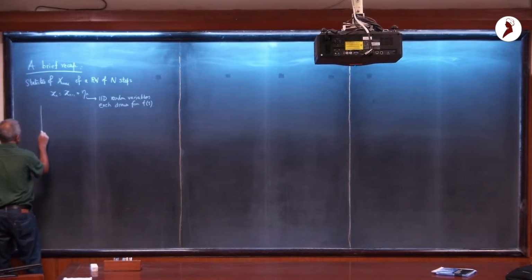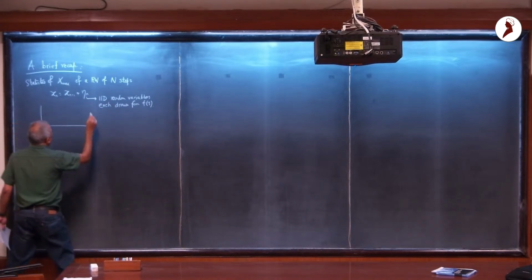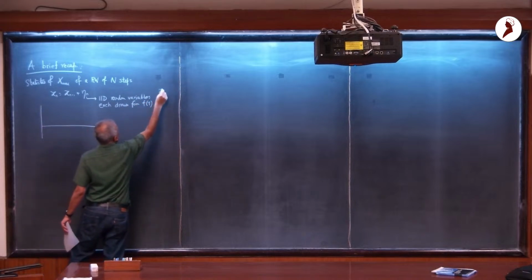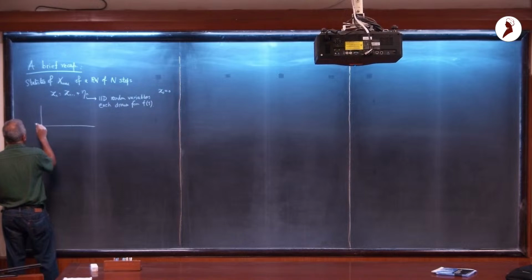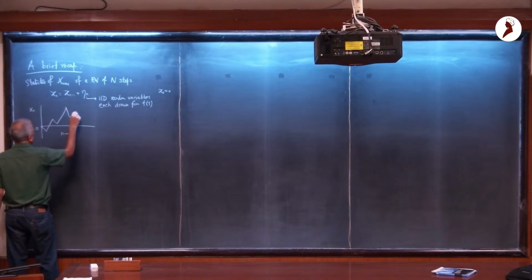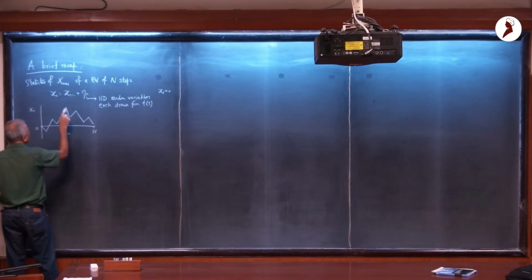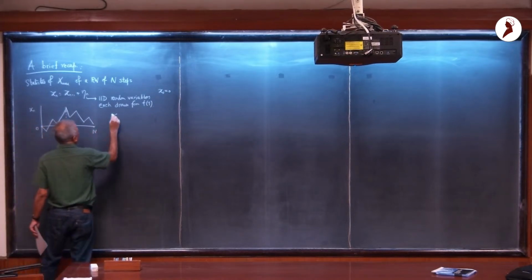So we have this picture, and we assume that x0 equals 0. You start from the origin. You go up to n steps, and we are interested in the random variable x max, which is the maximum.